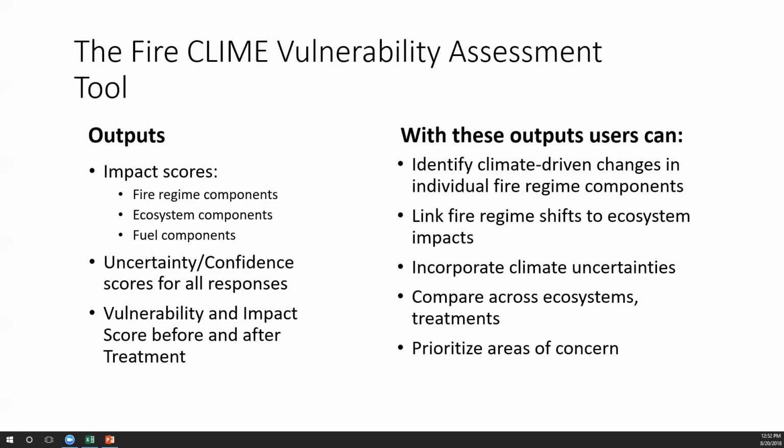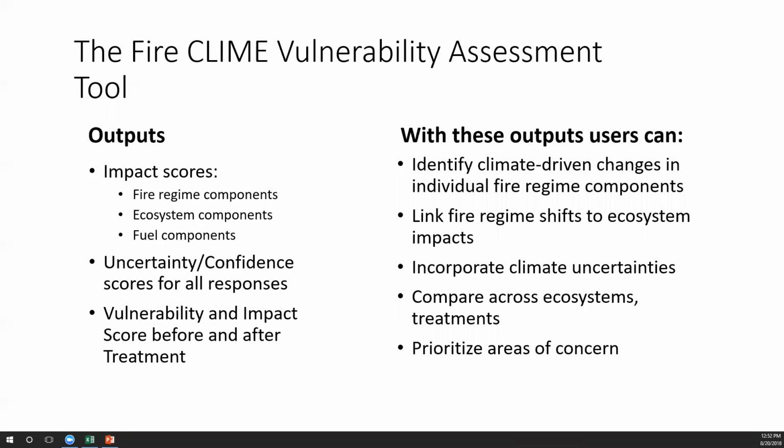How about that? And actually, I guess this is good to put up here too. This is an overview of what you've just seen from the vulnerability assessment tool. We have our outputs. We have impact scores for fire regime components, for ecosystem components, for fuel components. We have uncertainty or confidence scores for all the individual responses, and then they're presented as summaries.